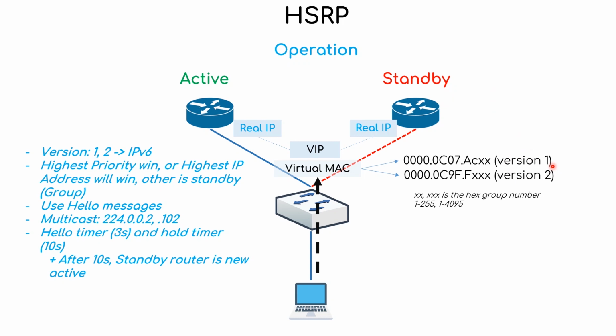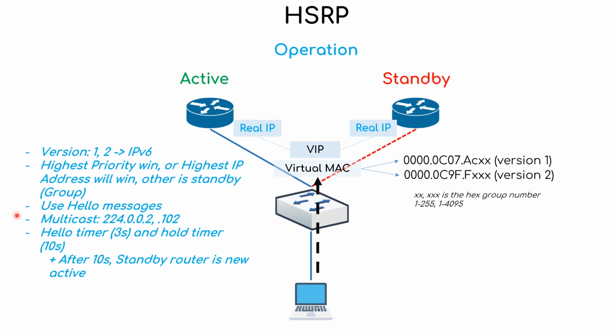Okay. HSRP uses hello messages between the routers to check the status of the active router. The hello message is sent every 3 seconds. We call this the hello timer. And we have the hold timer of 10 seconds.